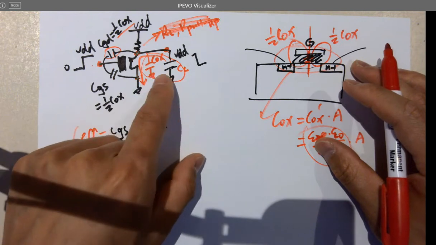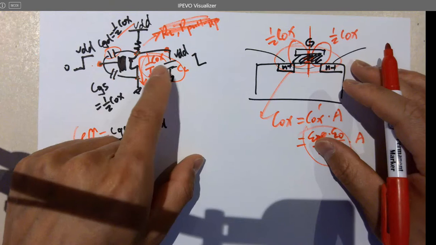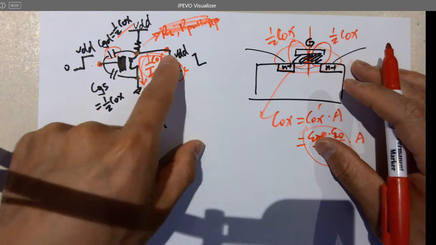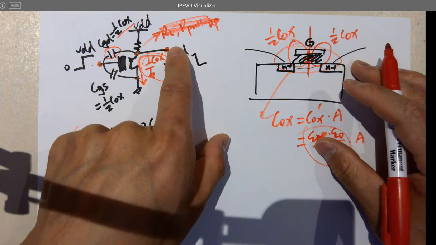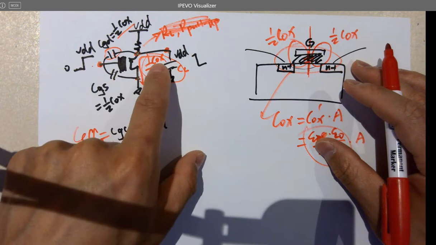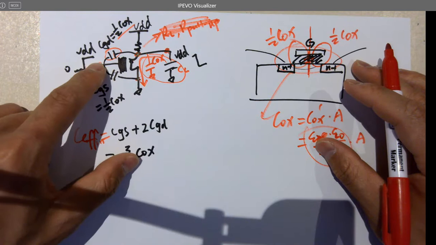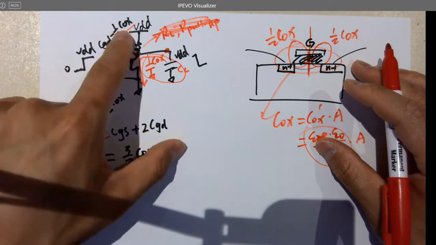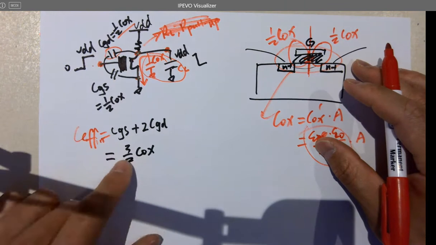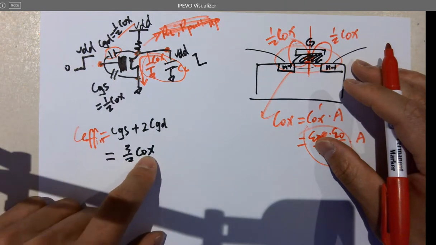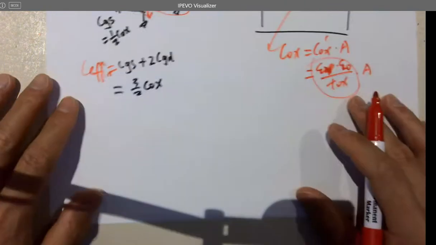It's not making too much difference, so you can ignore this Cox over here. But whenever you are looking at the output, you want to add a Cox to it. When you are looking at the input, you also want to add a Cox to it, and 1 Cox plus a half Cox, which is overall 2/3 of Cox. Okay, clear?